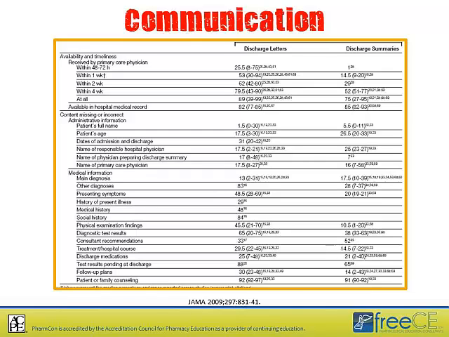So this is a very busy graphic, and this is a very interesting article if anybody wants some additional information. But the part I want to focus on is the availability and timeliness of receipt of a discharge summary after discharge by the primary care physician. So we're really just going to focus on the top fourth of this graphic.